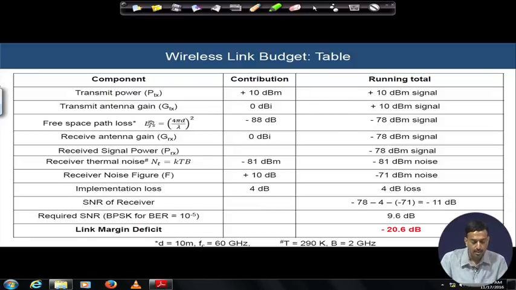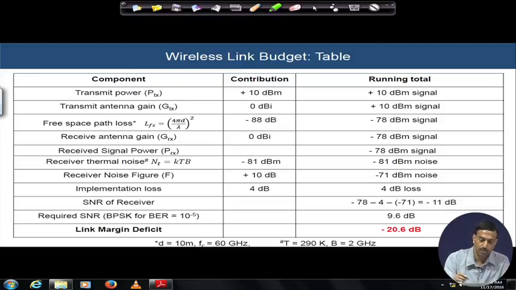Note that I have not considered implementation losses here because I will factor it in later down the calculations. The free space path loss is given by the formula as already mentioned, that is the free space transmission formula. We have a distance d of 10 meters. So as you can see, if you substitute d equal to 10, and lambda, basically the wavelength, has to be calculated based on the carrier frequency.